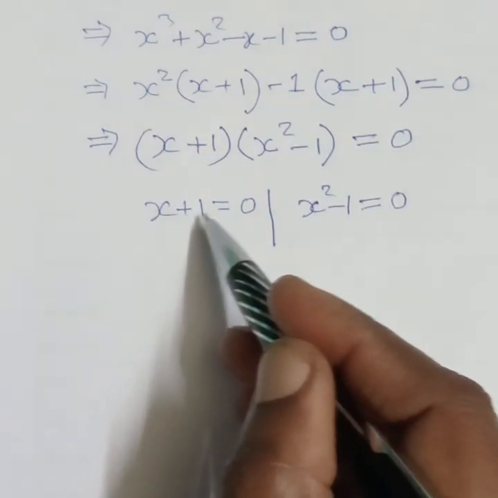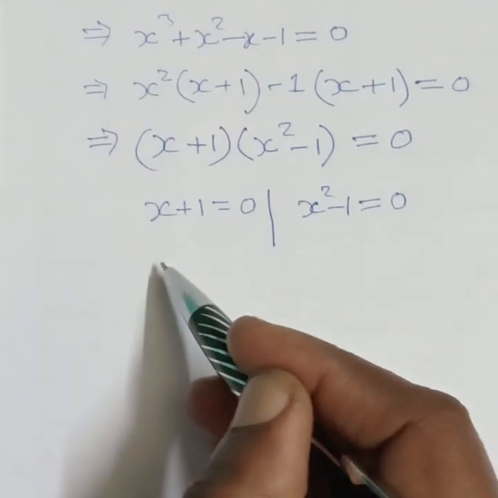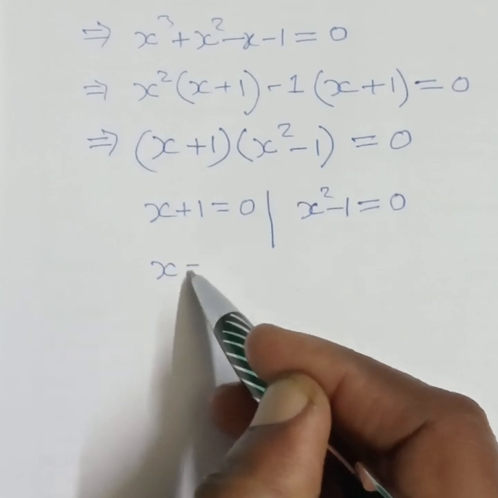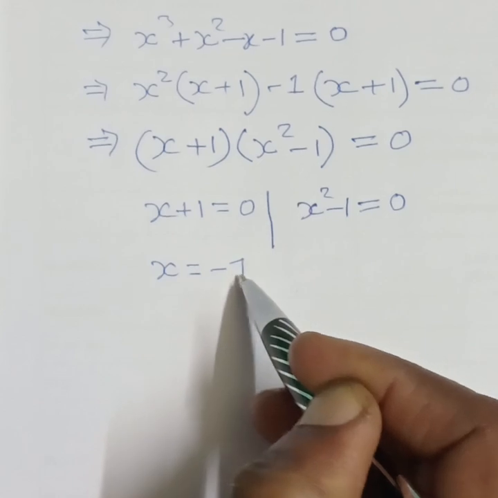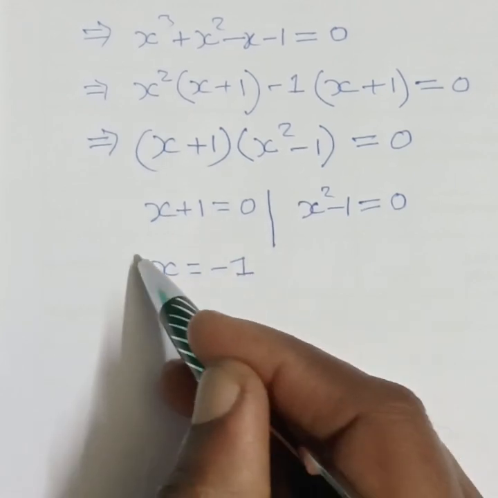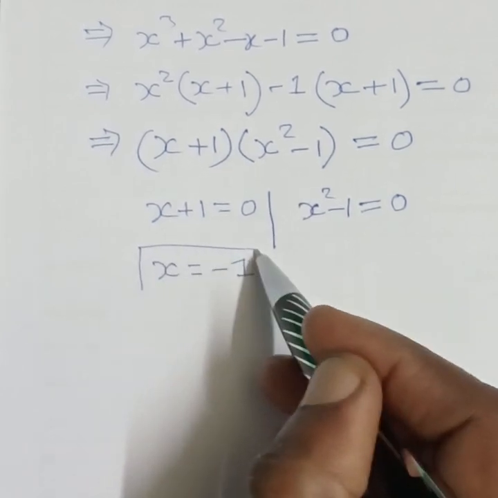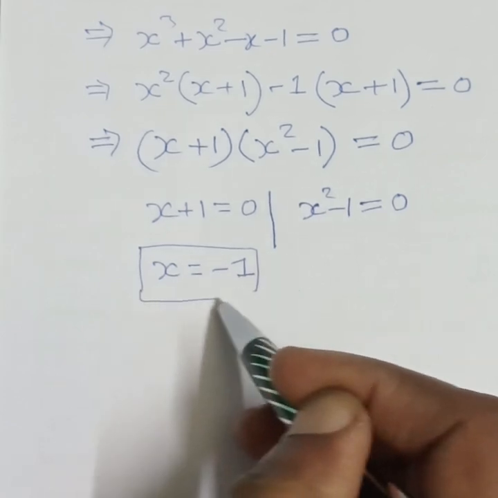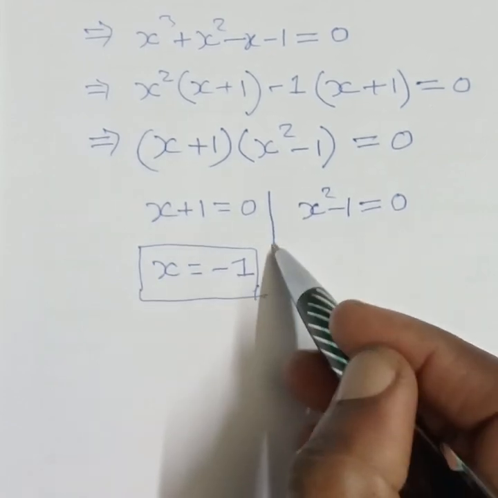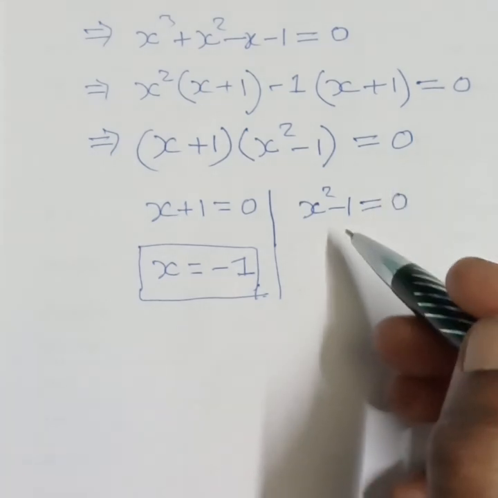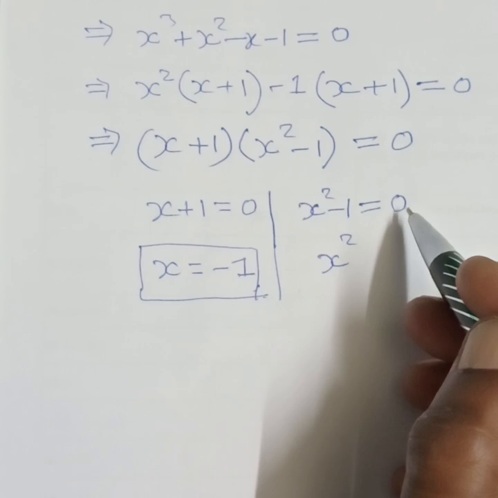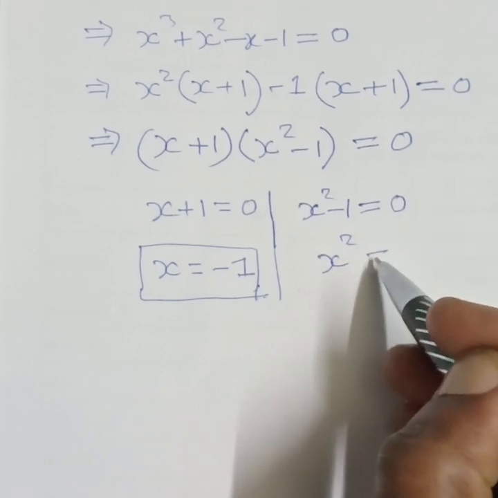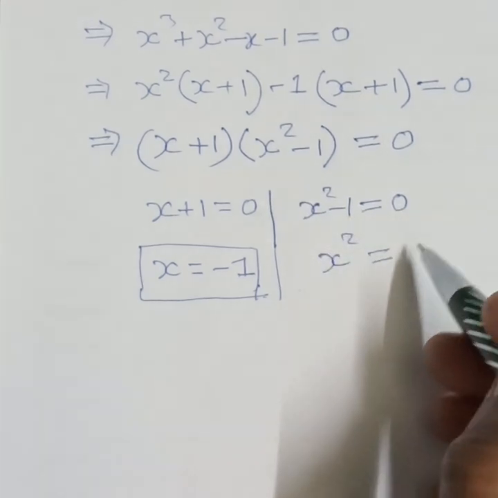If x + 1 is equal to 0, then x is equal to, this plus moves to the right side, will be −1. So one of the values of x is −1. Now from this equation, x² − 1 is equal to 0. Therefore x² is equal to, −1 moves to the right side, will be plus 1.